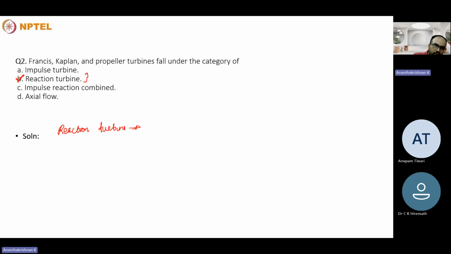So I'll note it down. It operates on, it uses both kinetic energy and pressure energy.